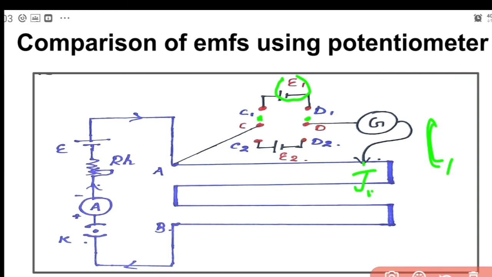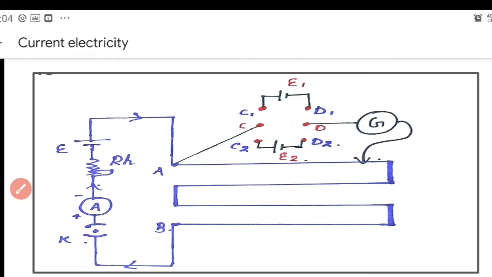As per the principle of potentiometer, epsilon 1 will be proportional to L1. So when we include the first cell, we get the balancing length, and the EMF of that first cell will be proportional to L1. Similarly, we have the second cell.